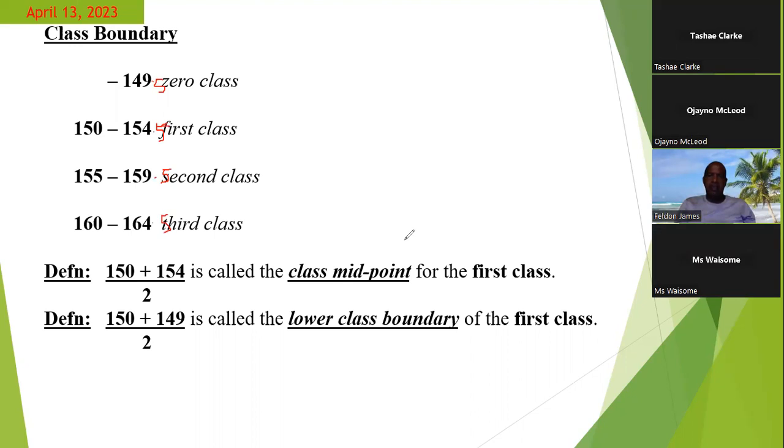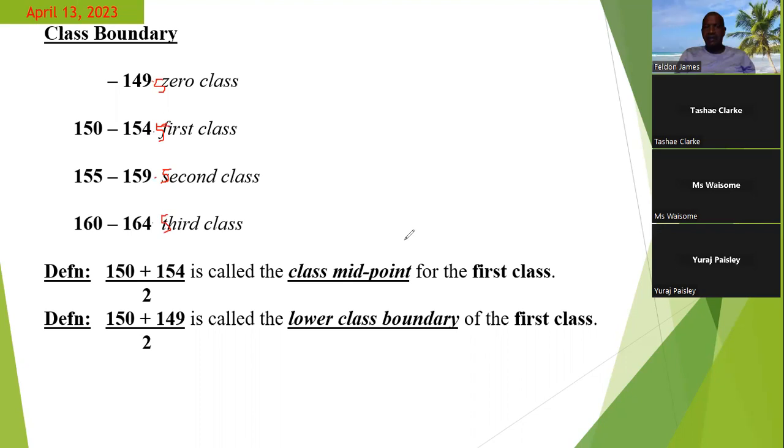Right. Now, how is it different when we are dealing with the class midpoint? If we add it to which one of the values? Which one are the limits? You add it to the lower one, sir. Add it to the lower one. Is that clear, guys?